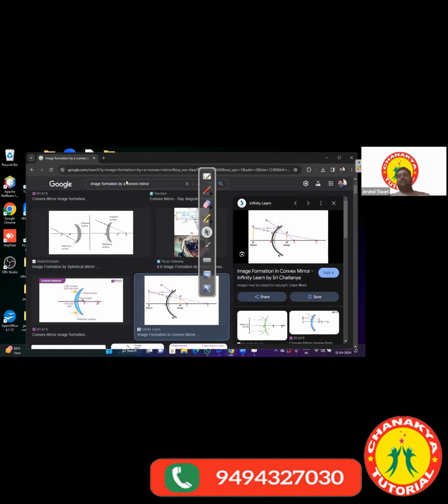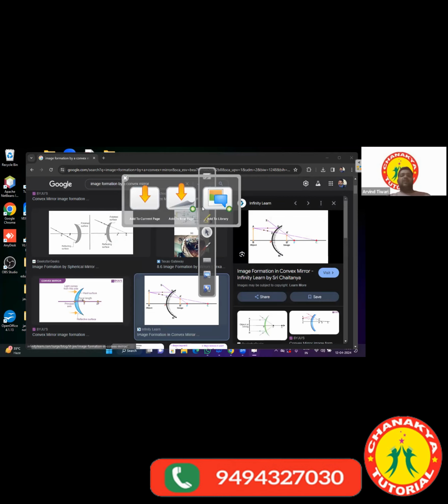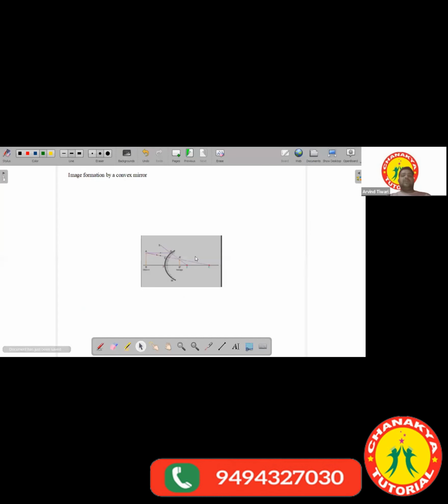One, when the object is placed at an infinite distance, and the second, when the object is placed at a finite distance. So here we observe what type of image is formed when the object is placed at a finite distance.